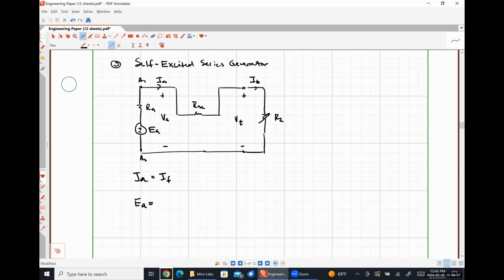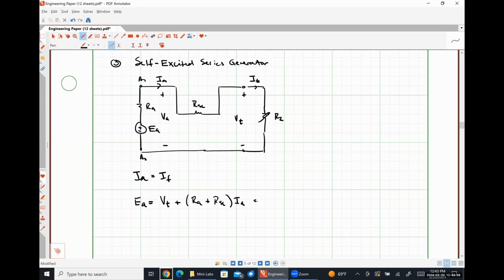My induced voltage EA here is going to be my terminal voltage VT plus my armature resistance and my series field winding resistance times my current IA.